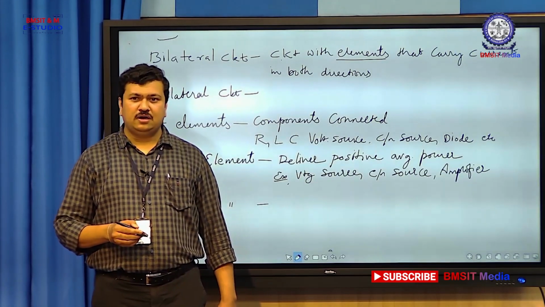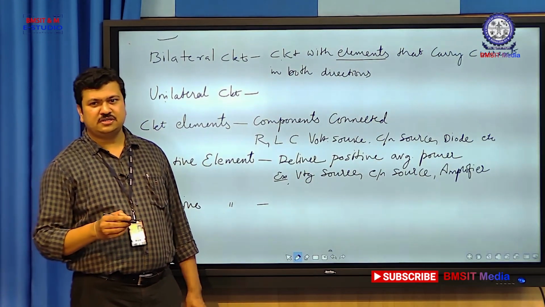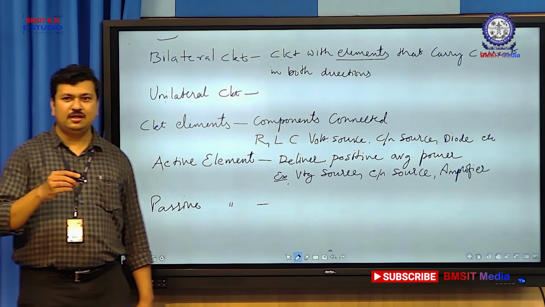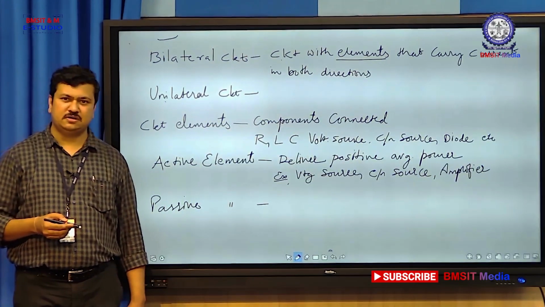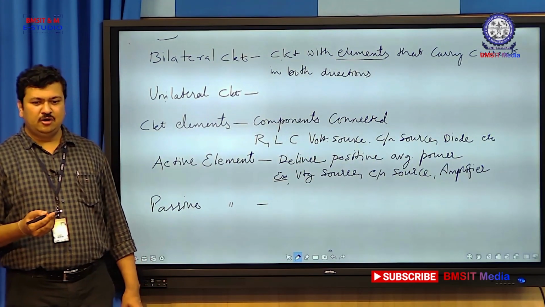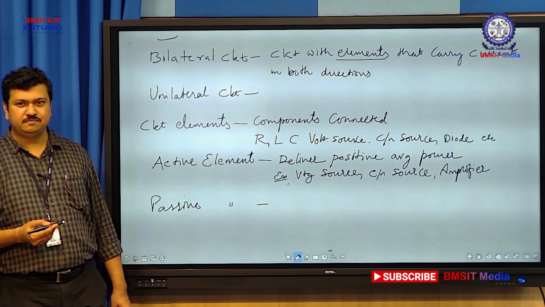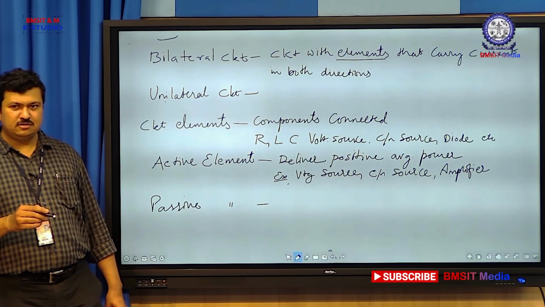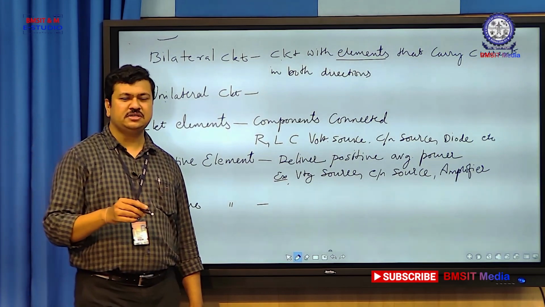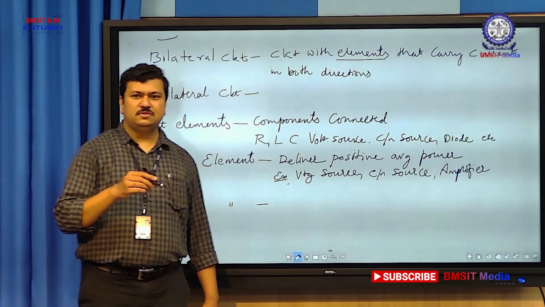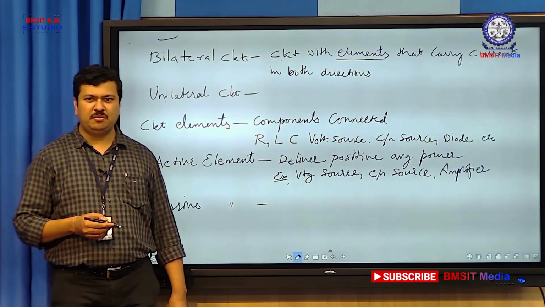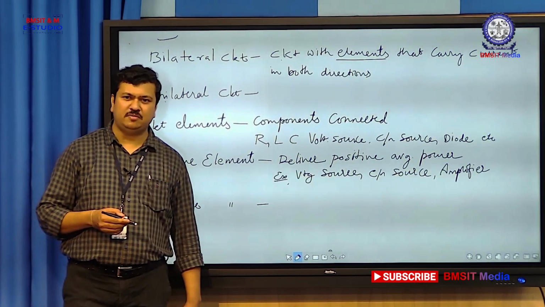Now, can we call these inductors and capacitors active elements because they are delivering power, they are giving out energy when they are in the discharging cycle? Will this nature of capacitor and inductor giving out energy to the connected elements make them active elements?